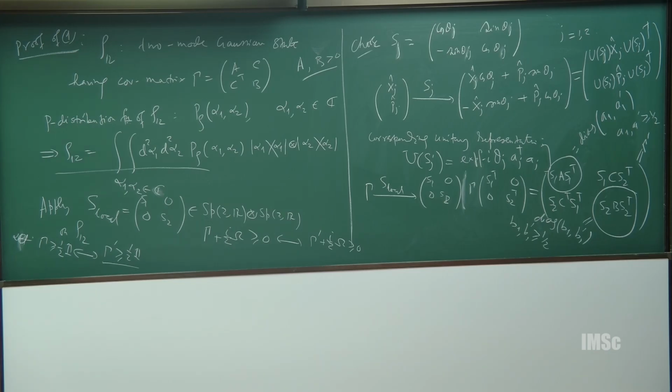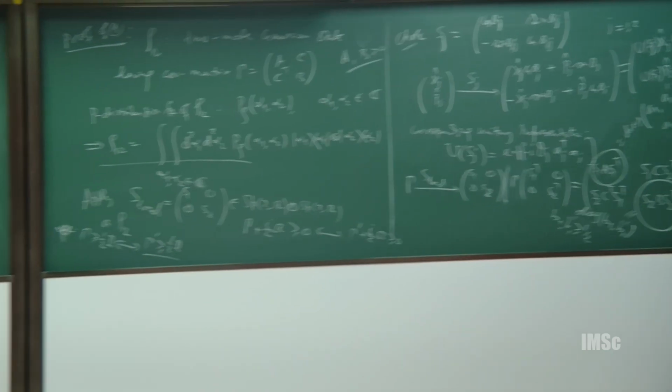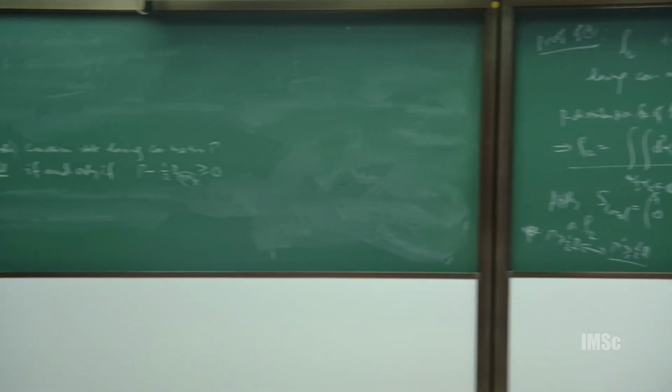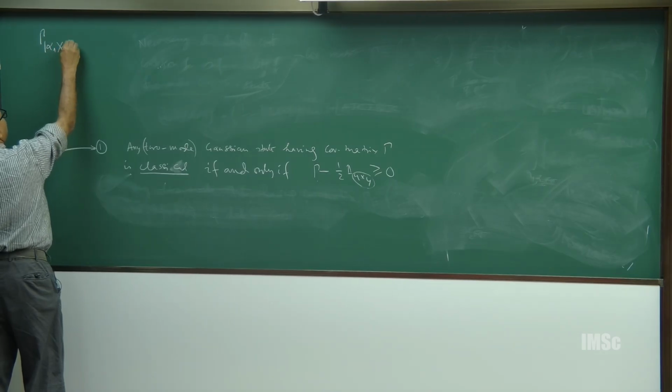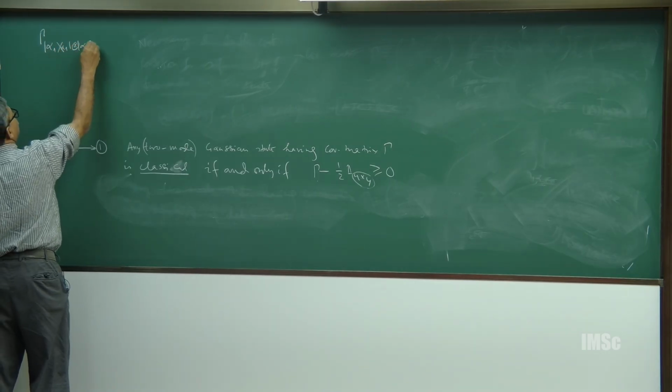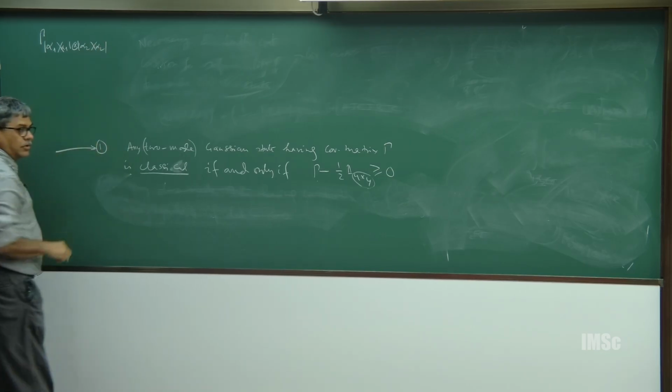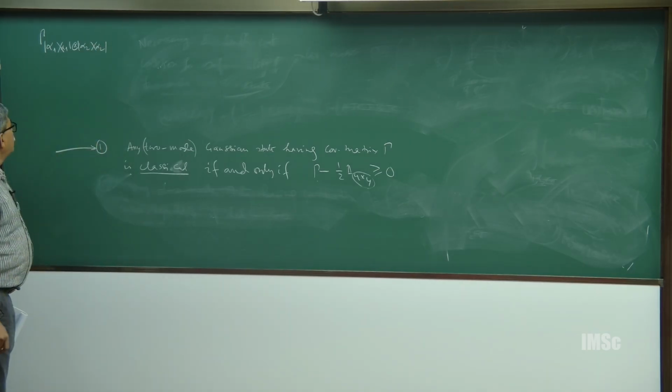Now, for that, without going through much detail, let us look at the gamma matrix of this coherent state, alpha 1 tensor product alpha 2, the tensor product of two coherent states.